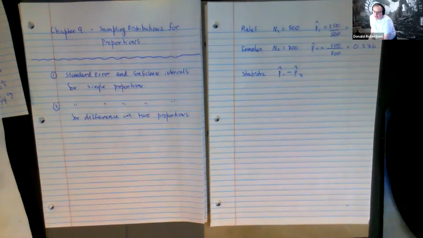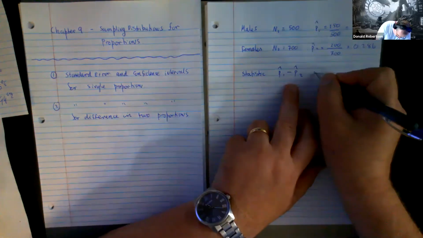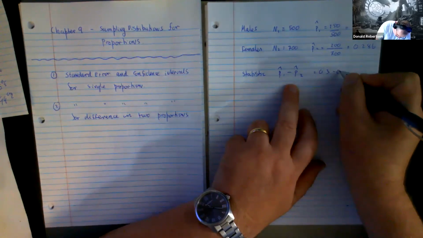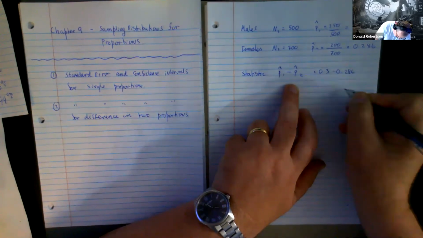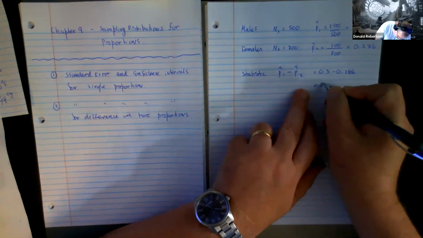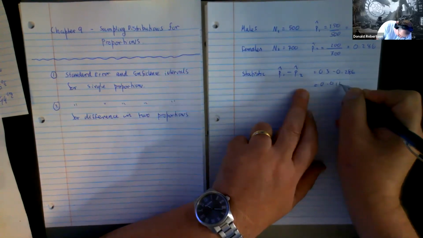Would you agree that would be a good way of telling if there's a difference? Because if there wasn't a difference, shouldn't that answer be close to 0? In this case, P1 is 0.3 and P2 is that guy, so we are getting 0.014.